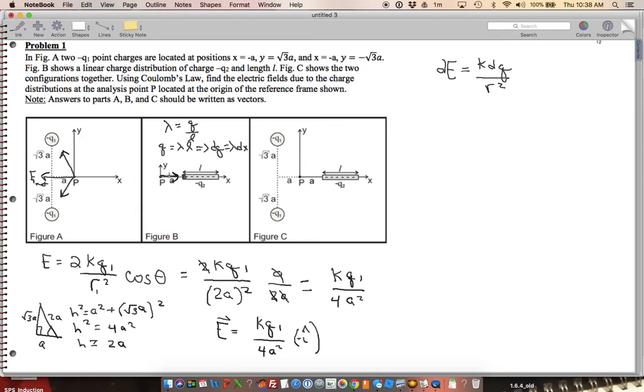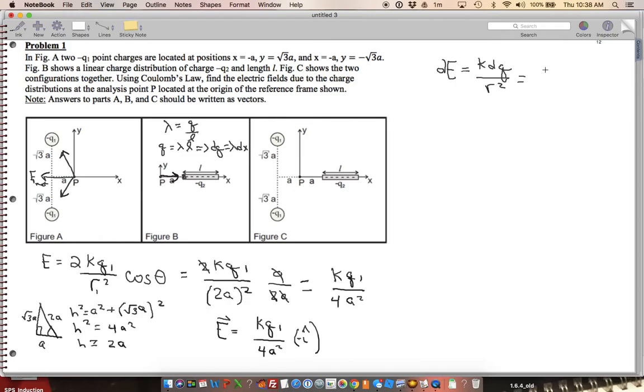And then r is the distance from P to each of the little charges, so I'm going to call r now x. So this is equal to k lambda dx over x squared.